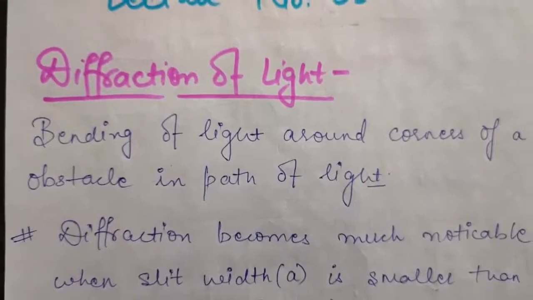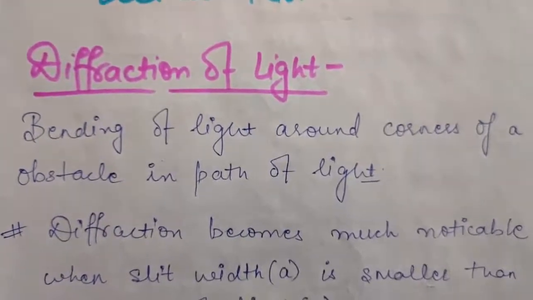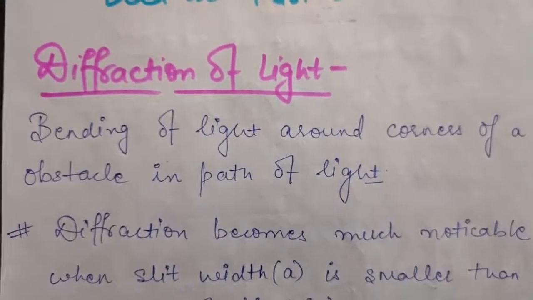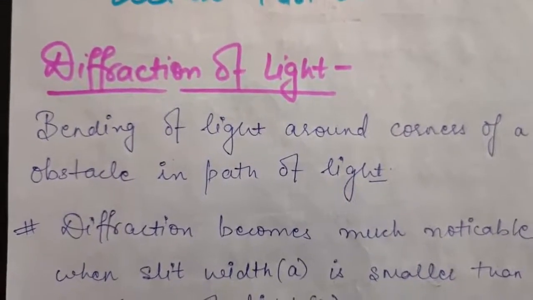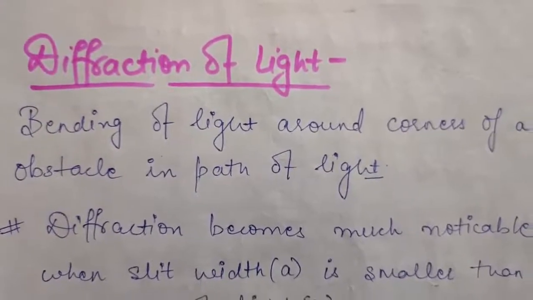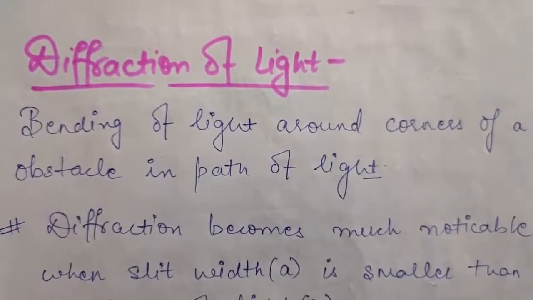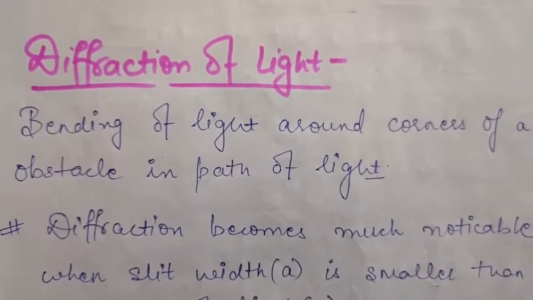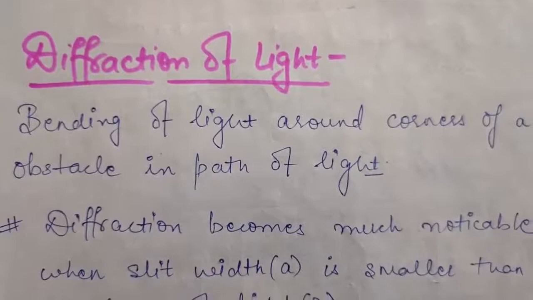Now in interference we were having two slits, but in diffraction we will be having only one single slit. So diffraction will take place due to a single slit, and diffraction is nothing but bending of light around corners of an obstacle which comes in the path of light.